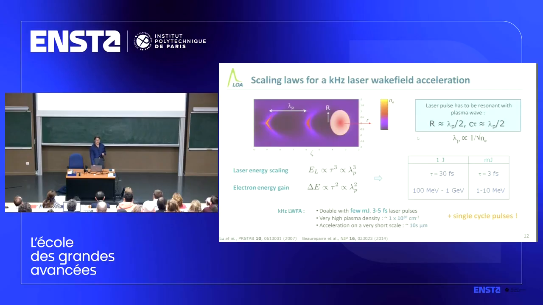So with one Joule class laser system, in order to reach the bubble regime, we need 30 femtosecond laser pulses, and we can accelerate electrons up to the giga-electron volts level.